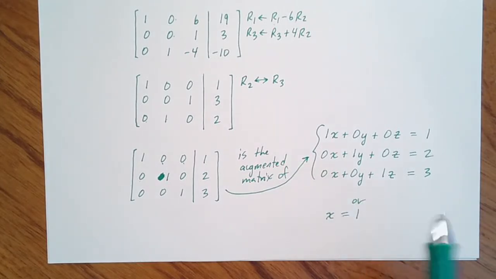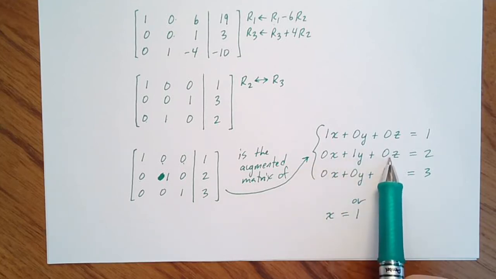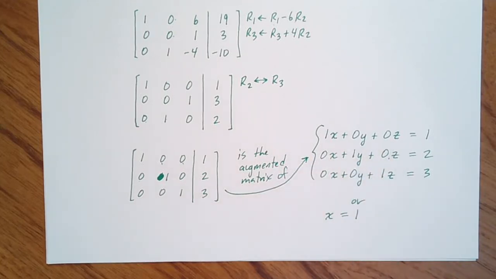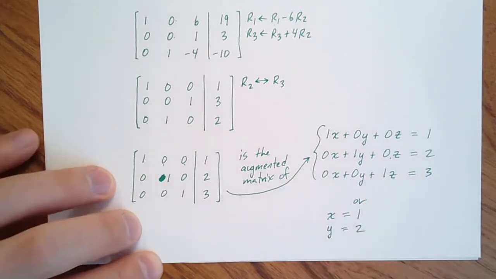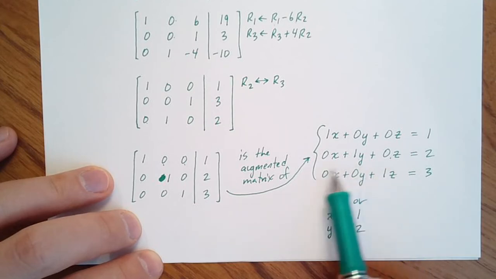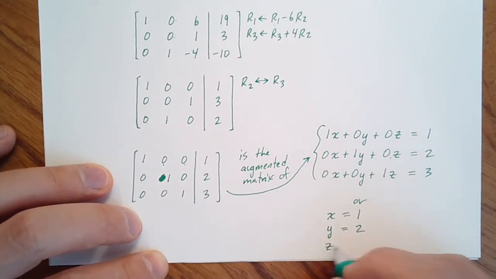That's really what the first equation says, right? In the second equation, similarly, you've got 0x plus 1y plus 0z. This whole left-hand side just evaluates to y. So you've got y equals 2. And then the last equation, the left-hand side of the equation, everything just evaluates to z, because you've got 0 plus 0 plus 1 times z. That's just going to be z equals 3.